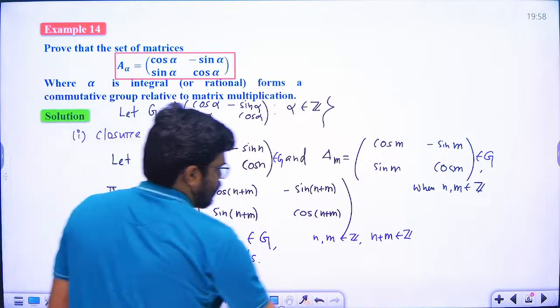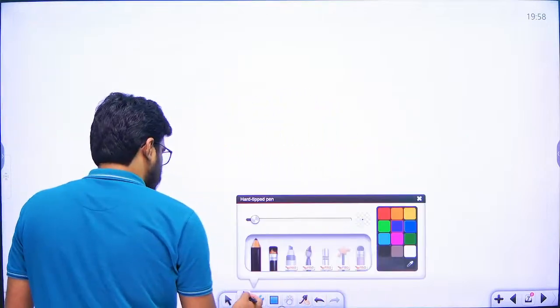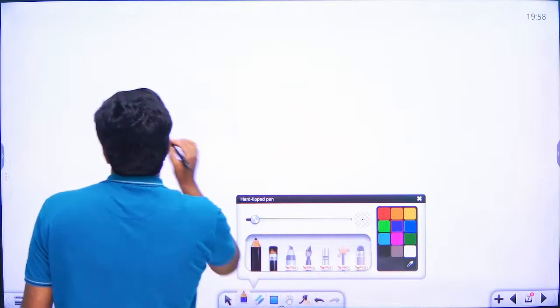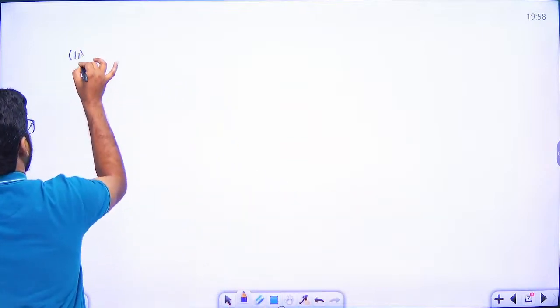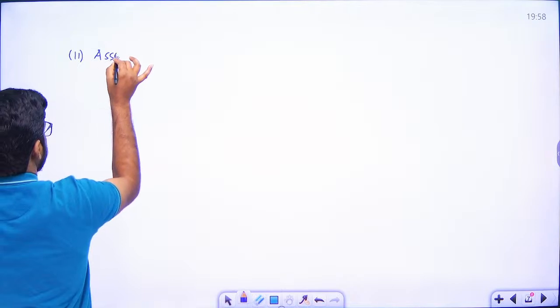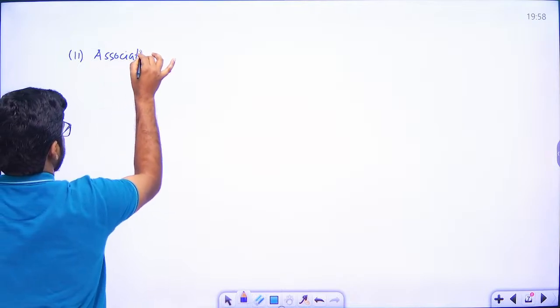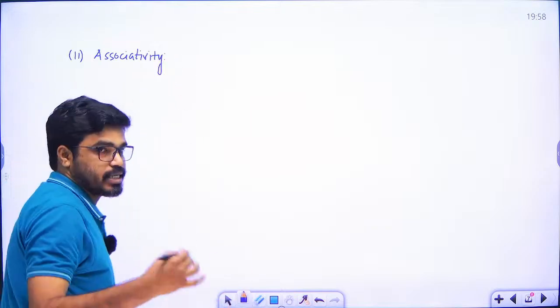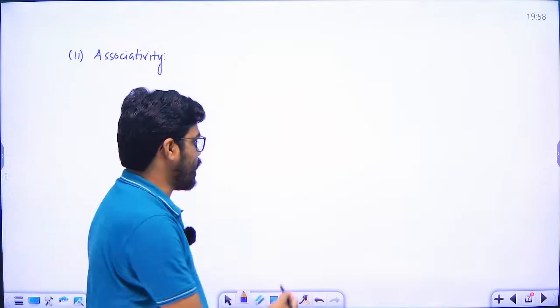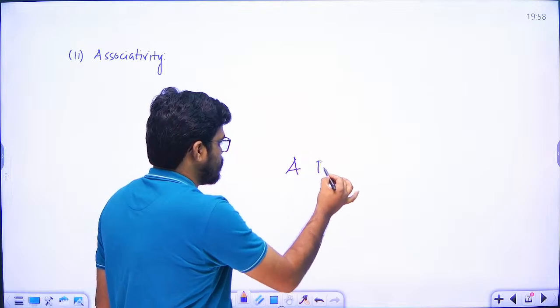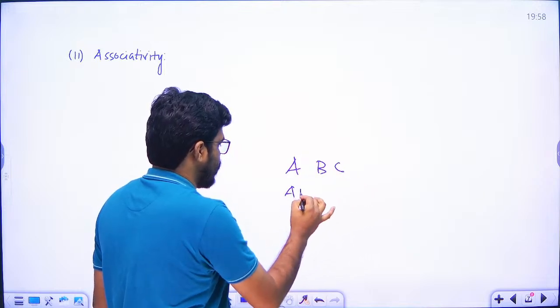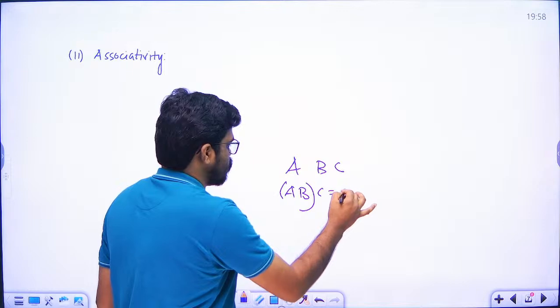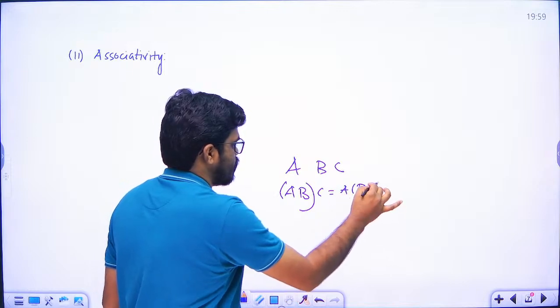Next, number 2, associativity. We know that matrix multiplication is always associative. Suppose A, B, C are three matrices, so A dot B dot C will be this.